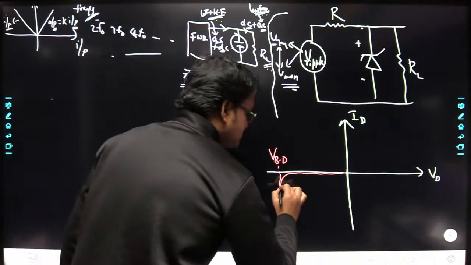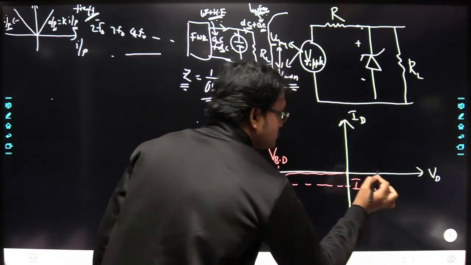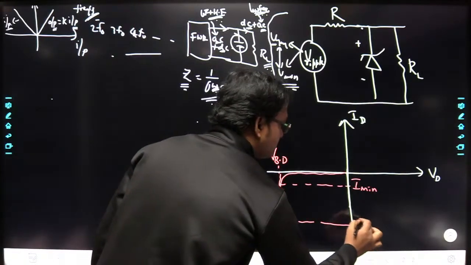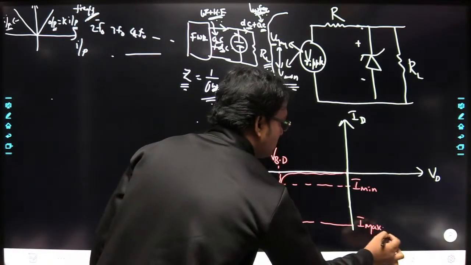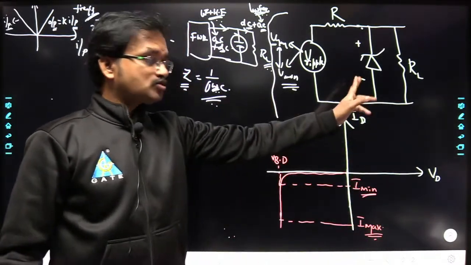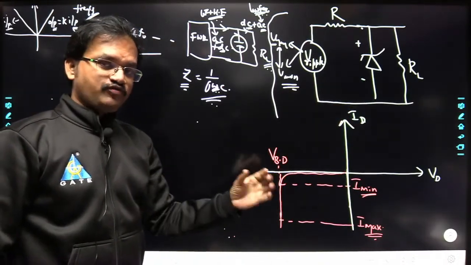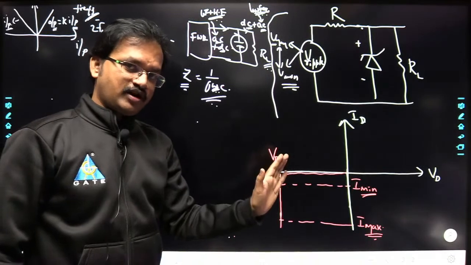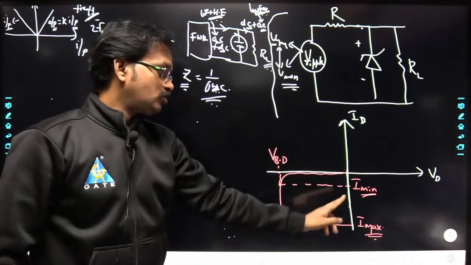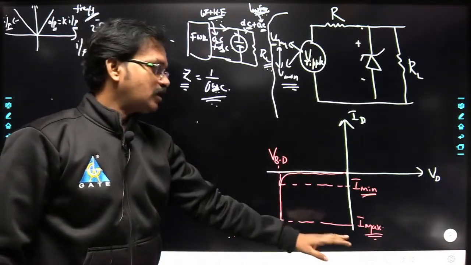This is the minimum current through the Zener diode, and we can fix a maximum current here. Whenever it starts operating in the breakdown region, at least the minimum current I minimum must flow through the Zener diode, and the maximum current that can flow is I maximum.